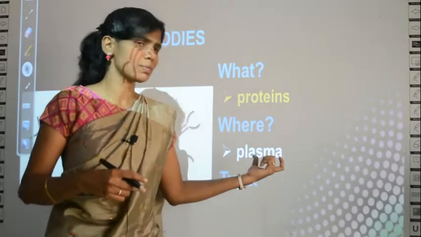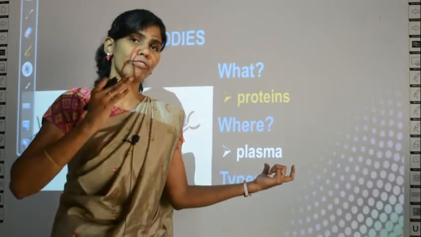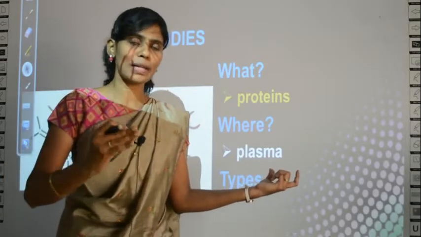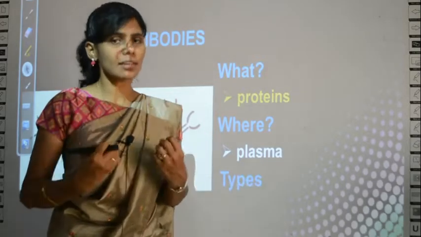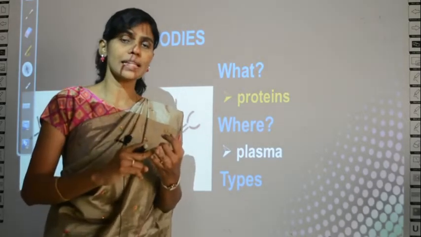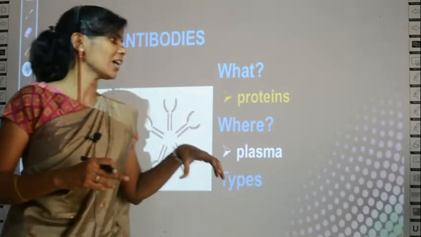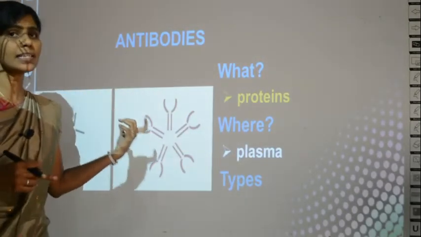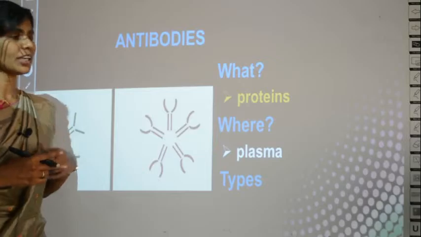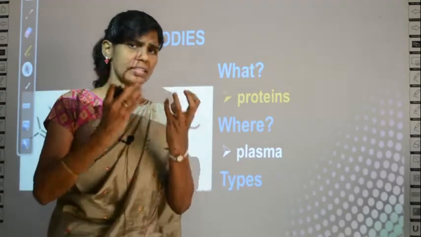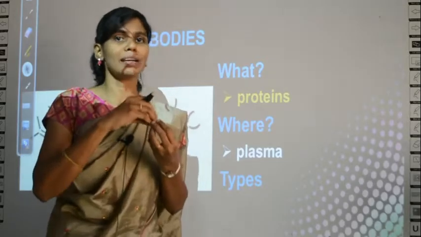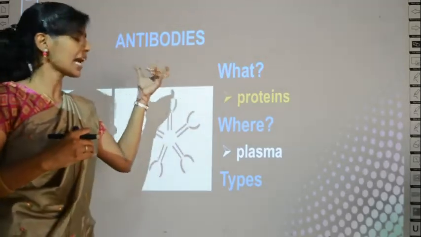So this plasma, after the removal of all the cells like red blood cells and white blood cells, has water in it, enzymes in it. Along with that, it also has a structure called antibodies. So plasma is the liquid which contains a structure called antibodies.